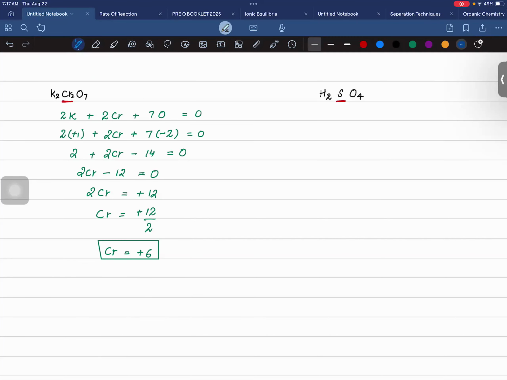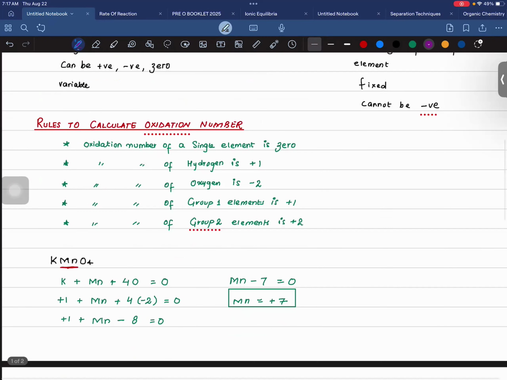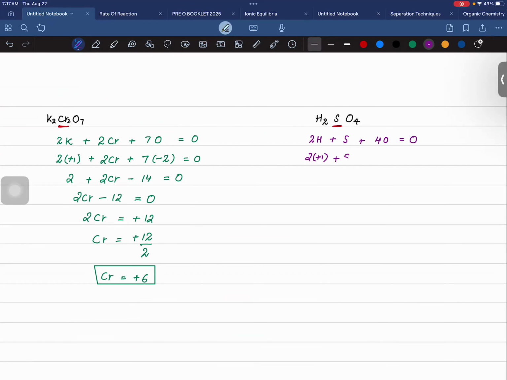Most of you are saying that this is +6. Okay, let me check this. So this is 2H, 1 sulfur, and 4 oxygens equal to 0. H is +1, I told you in the rules that H is +1, remember? That's why we write down these rules and then we follow them. Then sulfur is unknown, we have to find out.